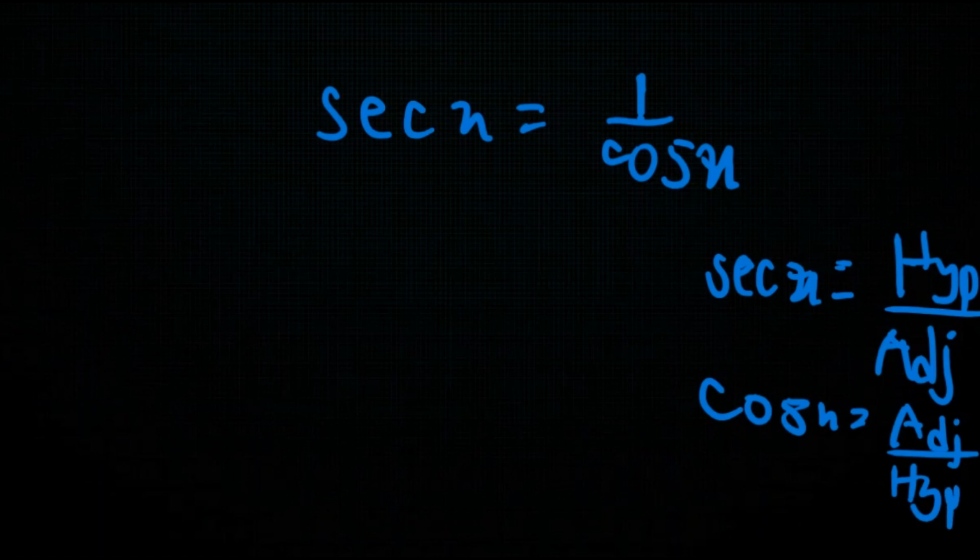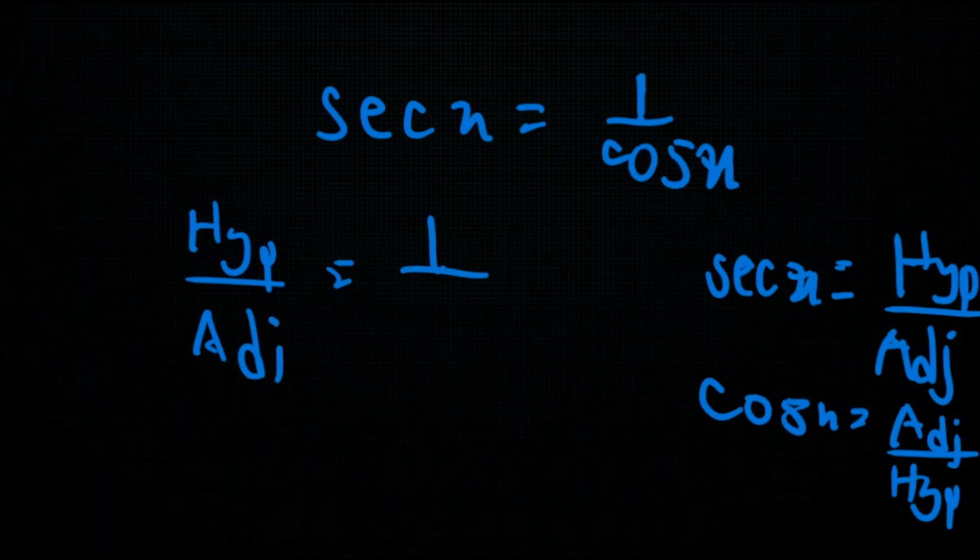So now we can rewrite the forms here. That is hypotenuse divided by adjacent equals 1 divided by adjacent by hypotenuse. We want both sides to be the same, so the next step is to write the other form of adjacent by hypotenuse. In here it is 1 divided by adjacent by hypotenuse, and if you divide, it will be flipped.